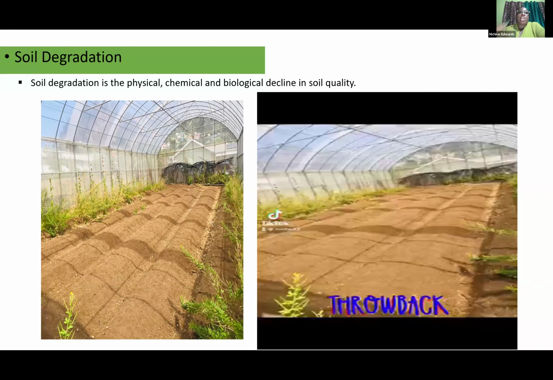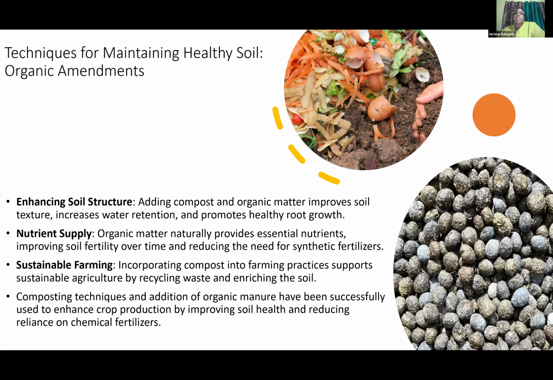So how do you know if your soil is healthy? If you dig 12 inches into the soil and you cannot find at least 2 to 4 earthworms, then you have problems, right? When you have a soil like what I showed you in the first picture, when you water those plants, it does not actually hit the root. It actually just wets the top and eventually runs off, right?